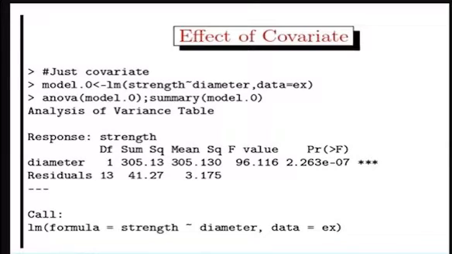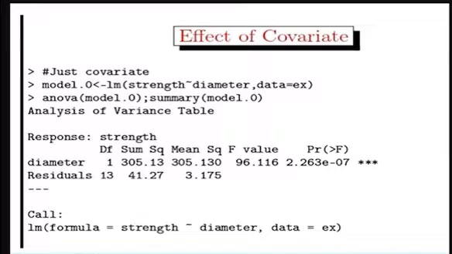The p-value associated with the diameter here is very, very small, less than any reasonable level of significance. So what is our conclusion here? A relationship exists between the covariate and the response variable, and that now justifies using an ANCOVA.